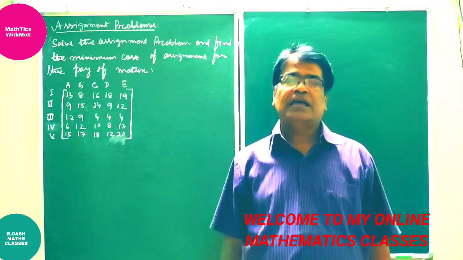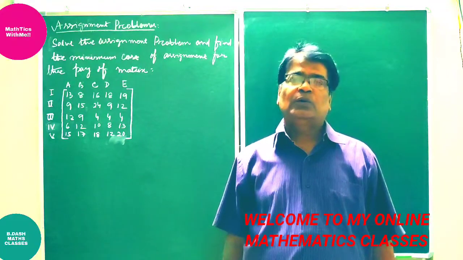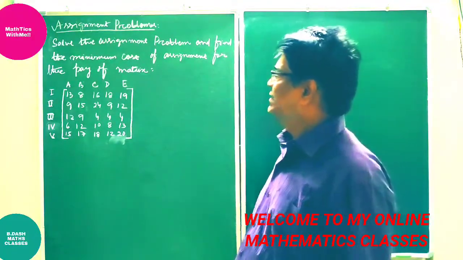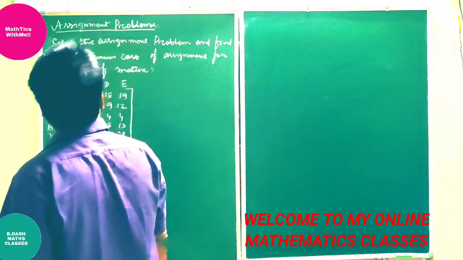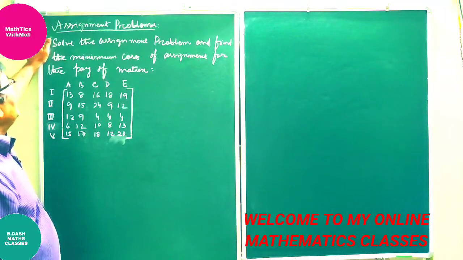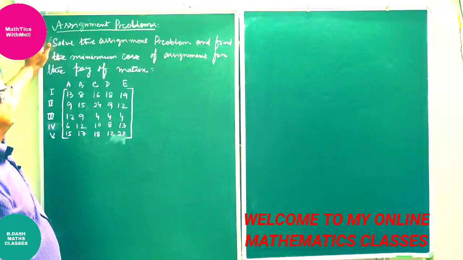In this class, I am going to teach you the assignment problem. So, let us solve a problem based on this assignment. The question is: solve the assignment problem and find the minimum cost of assignment for the payoff matrix.